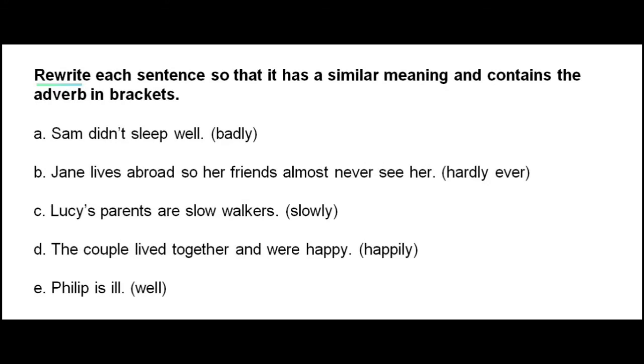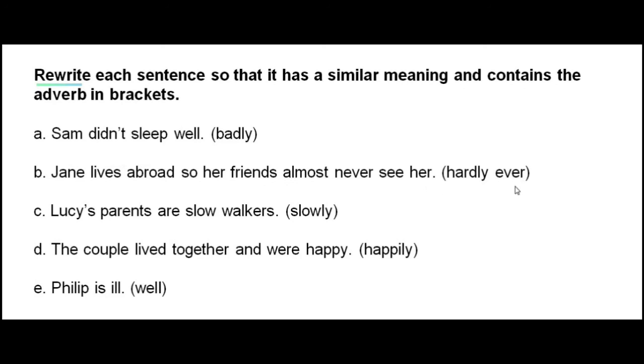And now, rewrite each sentence so that it has a similar meaning and contains the adverb in brackets. A. Sam didn't sleep well. Badly. B. Jane lives abroad, so her friends almost never see her.